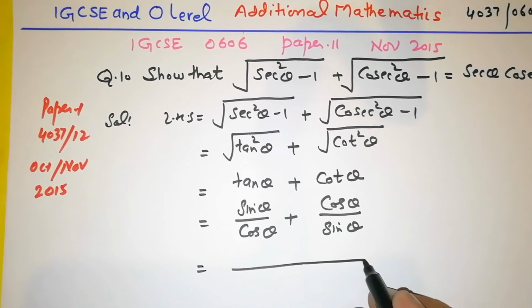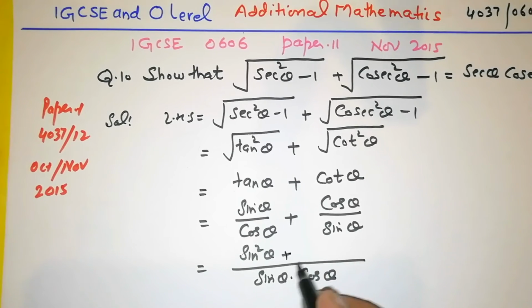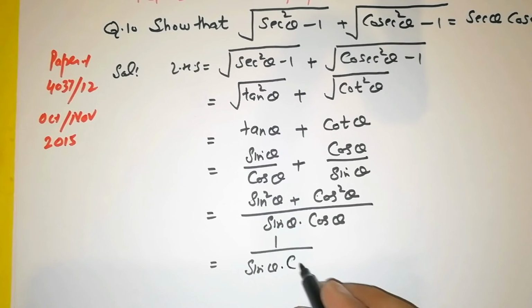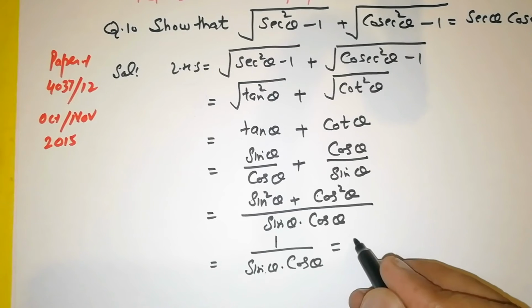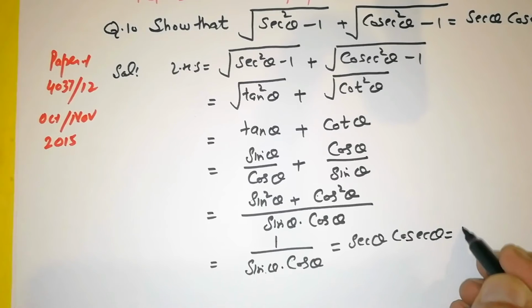So when we take its LCM, you see here is sine theta and cos theta. Therefore we have sine square theta plus cosine square theta. And students, on numerator, this sine square theta plus cos square theta is 1. Therefore, we have 1 divided by sine theta into cosine theta. And students, you know 1 divided by sine theta is cosecant and 1 divided by cos theta is secant. Therefore, we have secant theta and cosecant theta, and this is our right hand side.